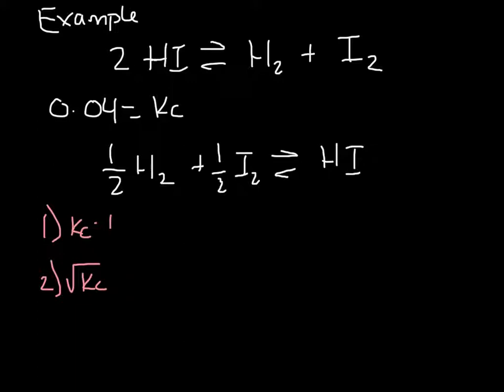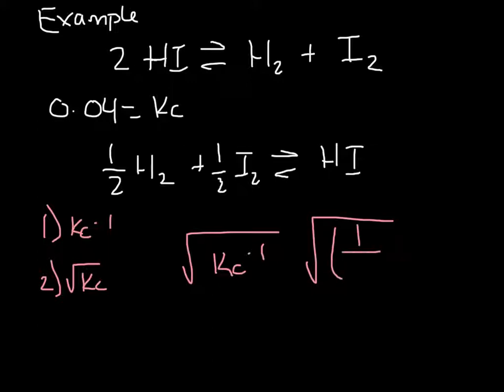Therefore, essentially what we're doing is taking the square root of Kc to the inverse value, which means we have the square root of 1 over 0.04, or 0.04 to the negative 1. Take the square root of that value and you get 5.0.